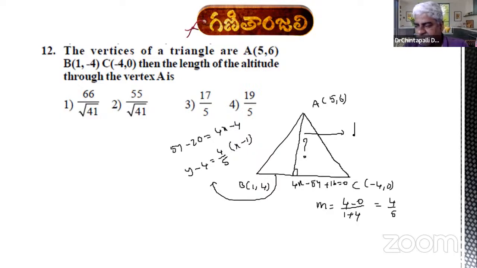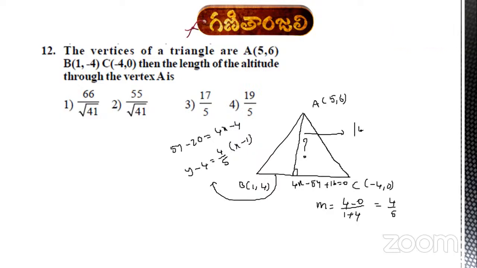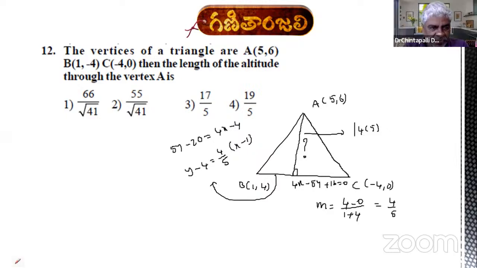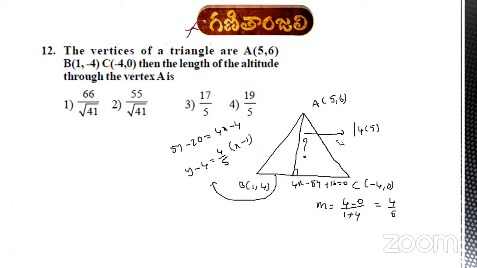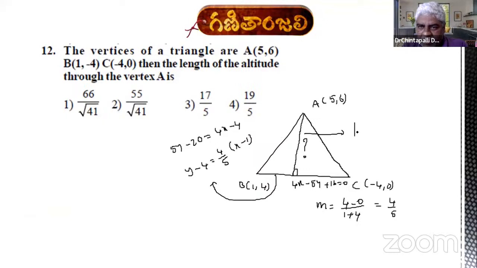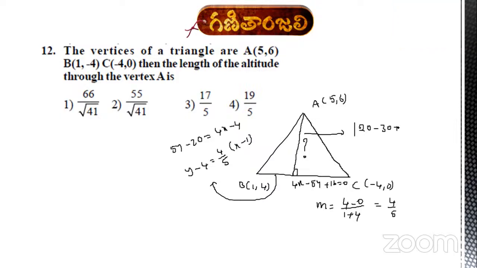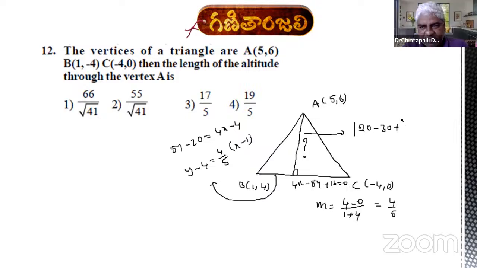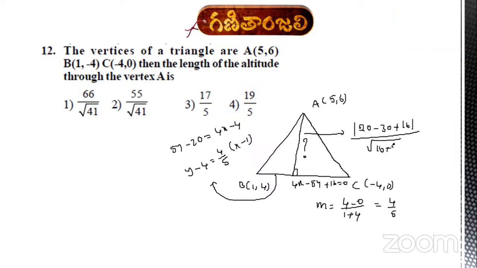Mod of a times 5, minus 30, plus 16, over the square root of 16 plus 25.